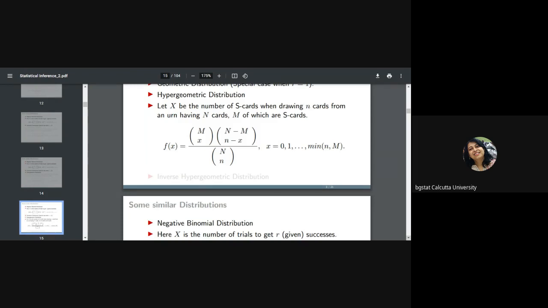Of these, M are of one type, so you can assume maybe that M are queens, and the remaining N minus M are kings. My random variable X is then the number of cards of any one type. So let me suppose that I'm interested in the number of queens I get in my sample.